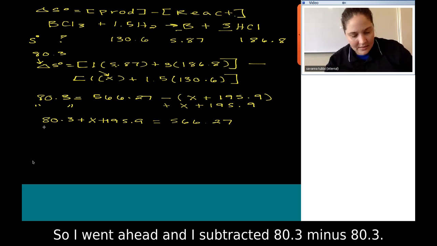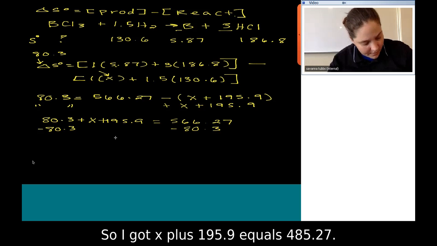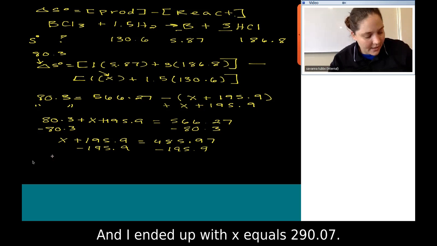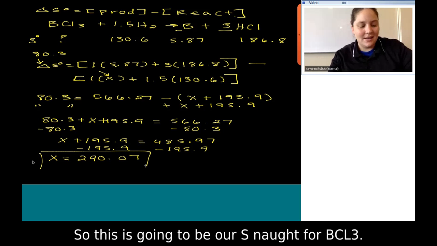So I subtracted 80.3 from both sides. So I got X plus 195.9 equals 485.27. And then I subtracted 195.9 from both sides and I ended up with X equals 290.07. So this is going to be our S naught for BCl3.